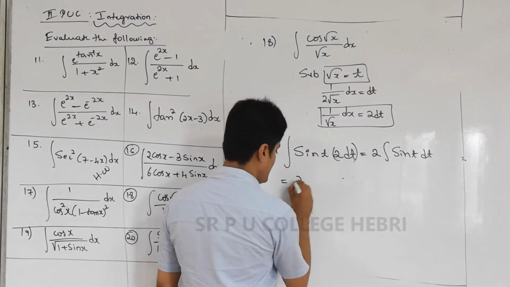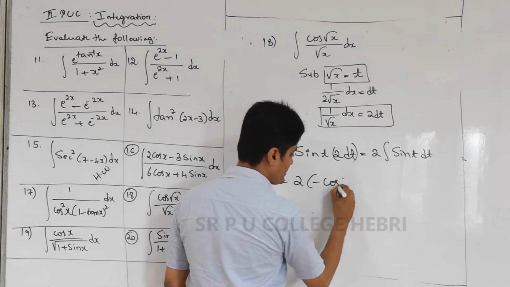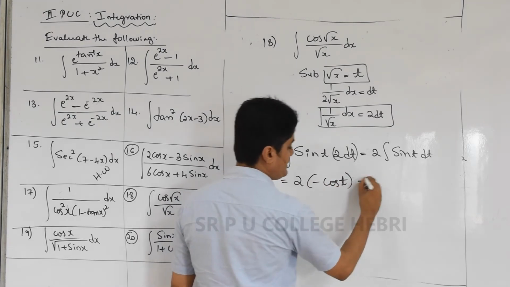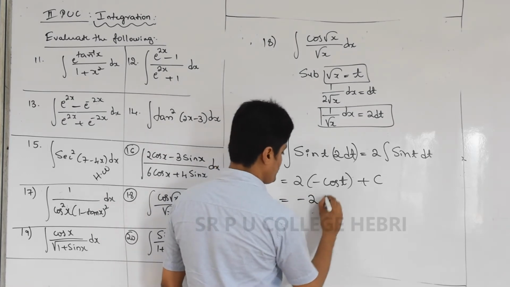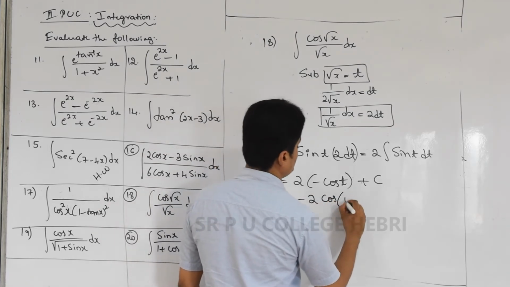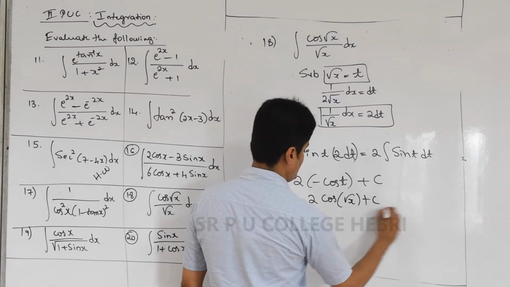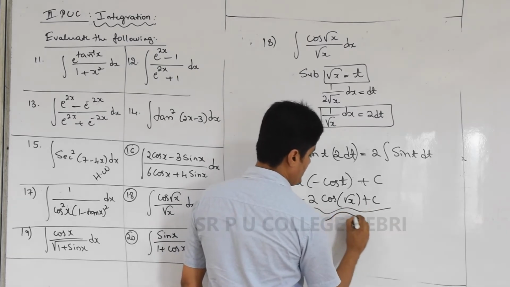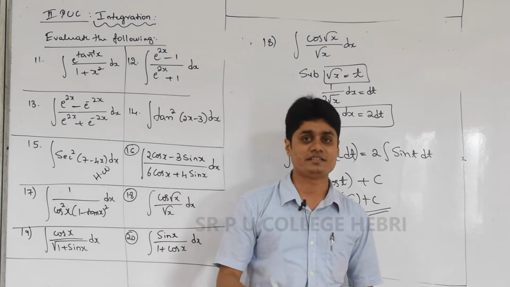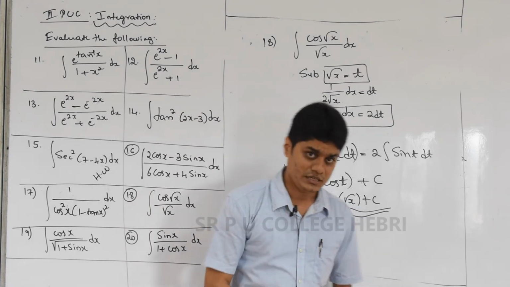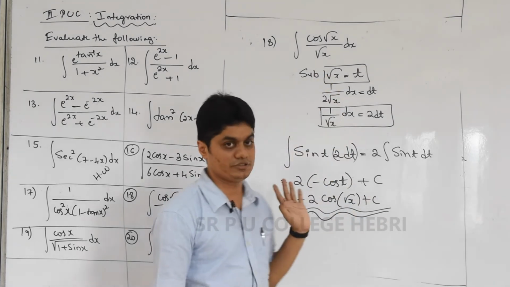So that is nothing but 2 times minus cos t. What is the integration of sin t? Minus cos t. So the final answer is minus 2 times cos of root x plus c. That's it. Remember, in place of cos there may be sin, tan, cosecant, secant, cot, whatever. The work will be similar to this.